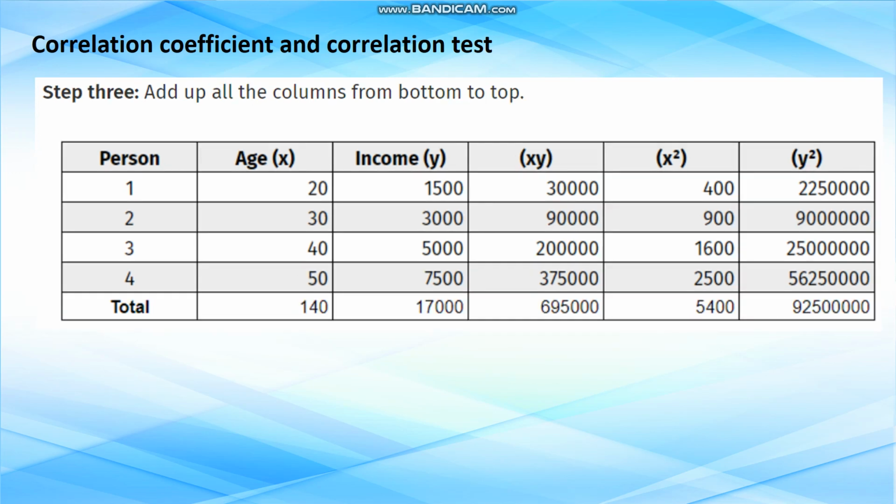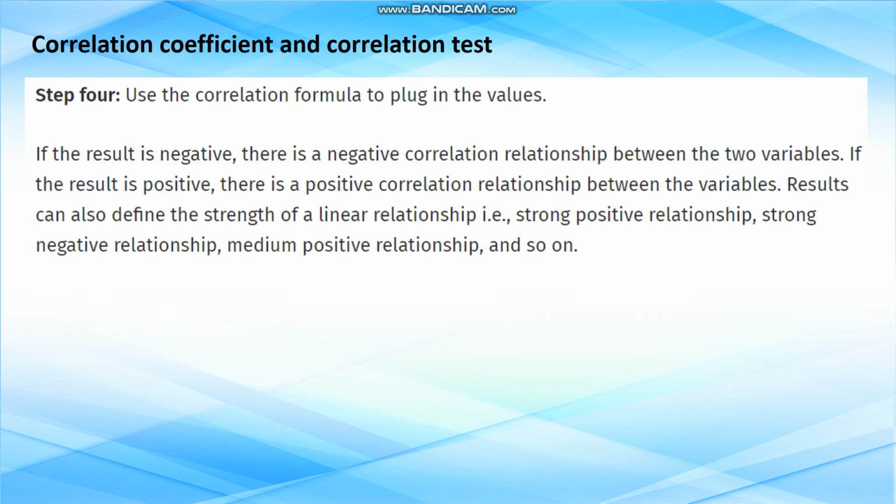Easy. Step 3, you add up all the columns from top to bottom and create a new last row, total, and you sum up.